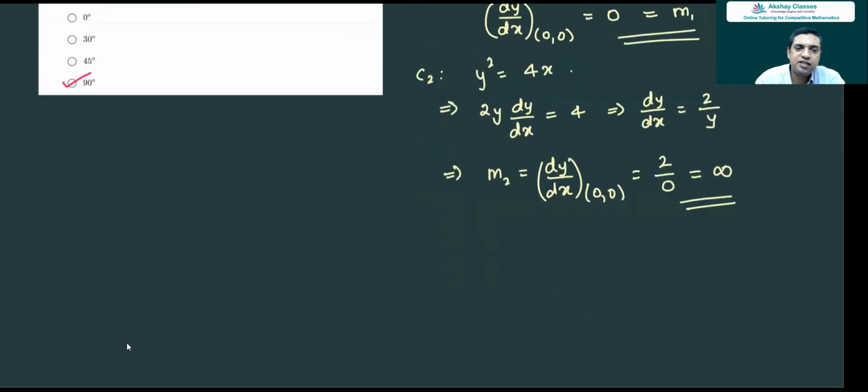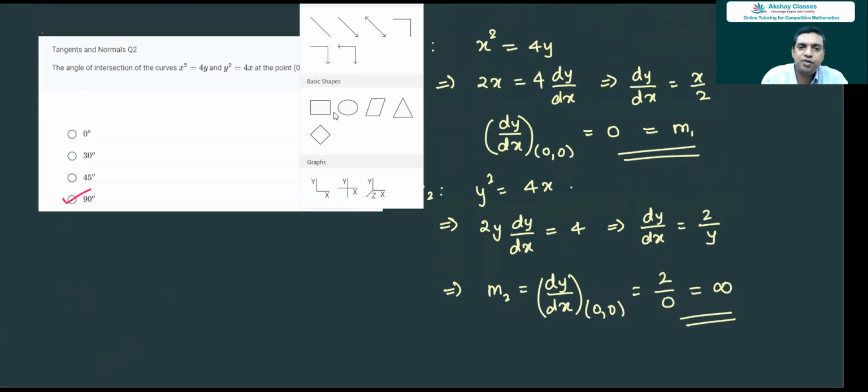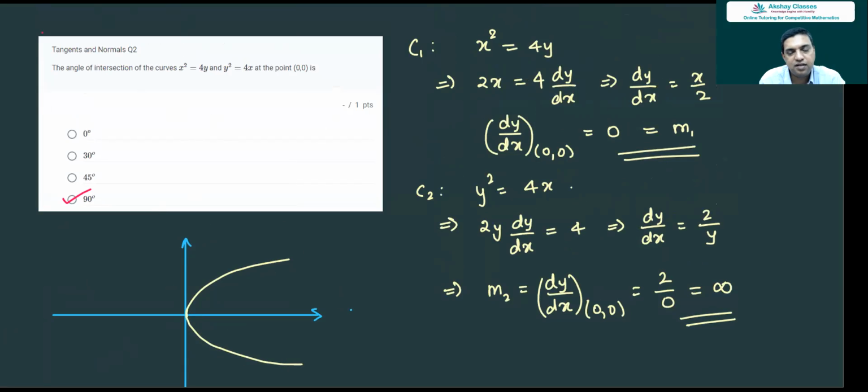Another very common sense way of doing this problem is that these two both represent the equations of parabola. Y square equal to 4ax is a parabola like this, whose axis is the x-axis and the y-axis is the tangent at the vertex.